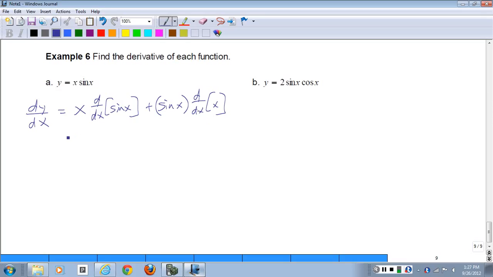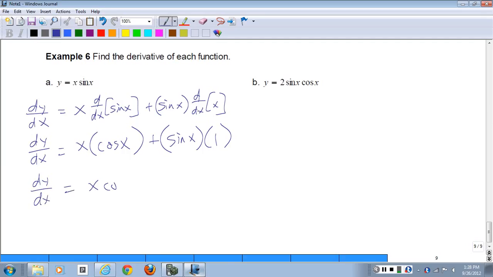Well, differentiate and simplify. dy dx equals x times cosine x plus sine x times 1. I wish I had a real neat, clean way of writing this, but really don't. That's basically it. dy dx equals x cosine x plus sine x.